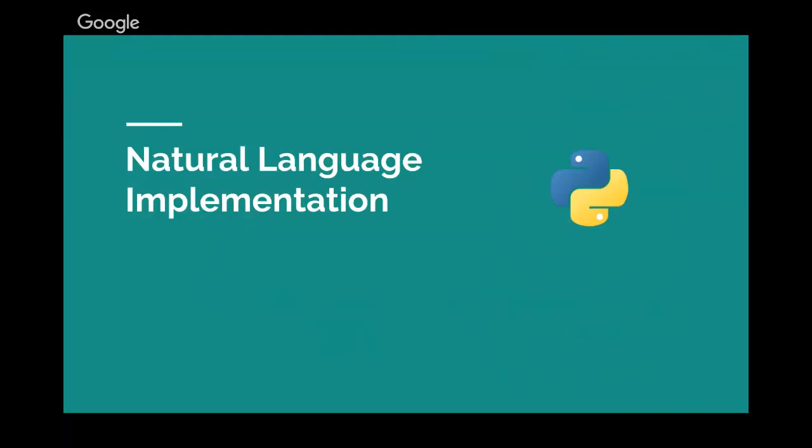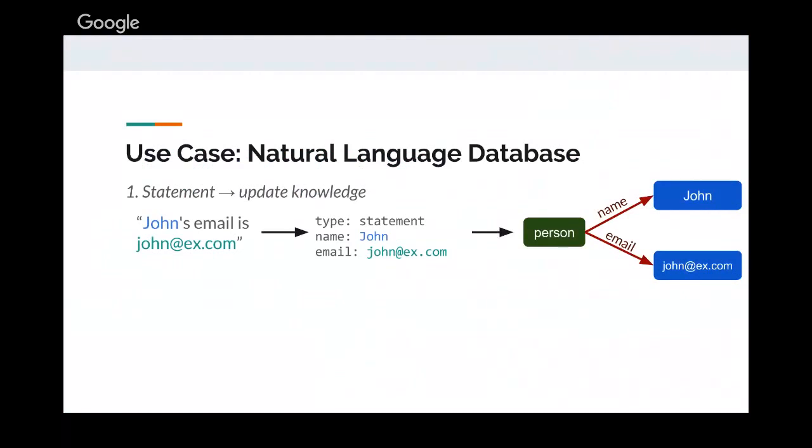So let's get into the natural language implementation. One milestone that we really want to get into is natural language, basically to use it as a natural language database. So we have a statement, and we want to update our internal knowledge.